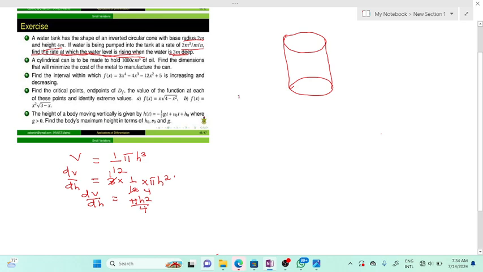Right, so this is a nice problem. We are looking out for just the parameters. This is what we call optimization. We are trying to optimize our dimension, so that the cost of the metal will be minimal.